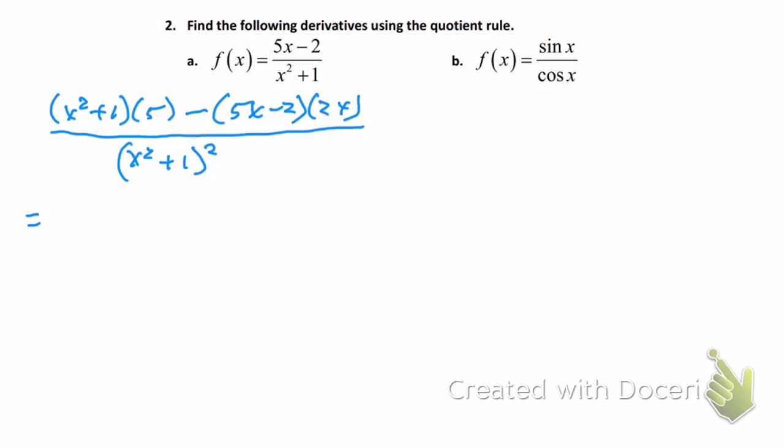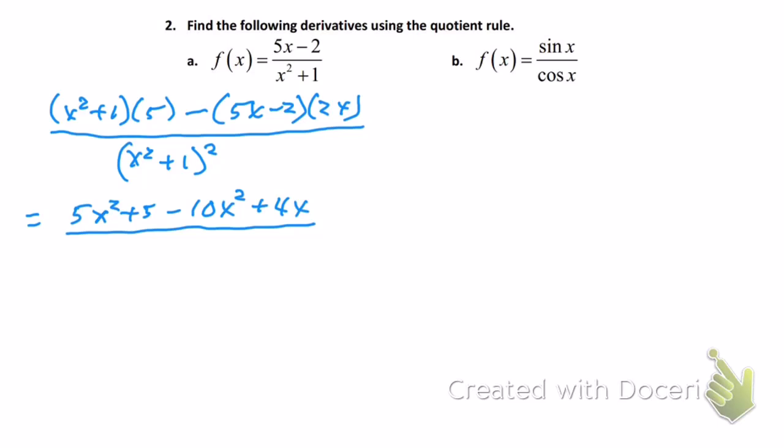That equals 5x squared plus 5 minus, now I've got minus 10x squared. I'm multiplying that 2x, minus 4x. No, plus 4x because I've got a minus in there. Check me.